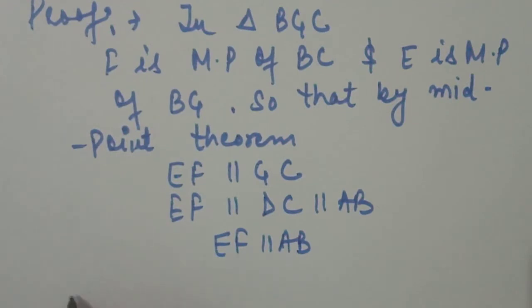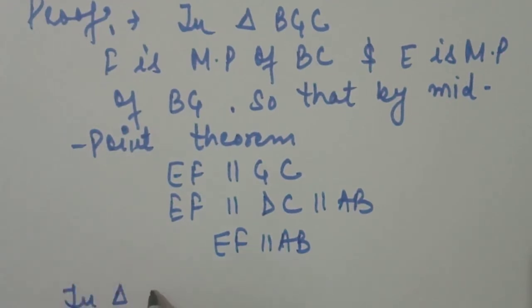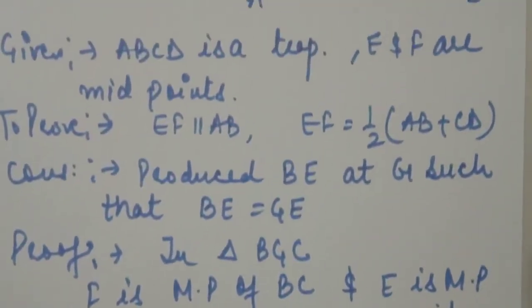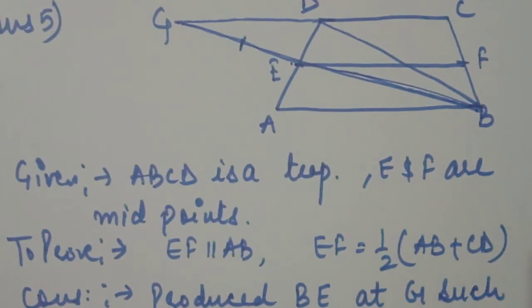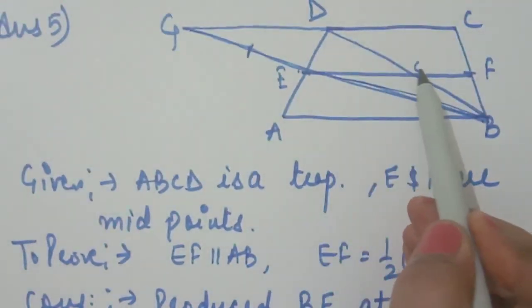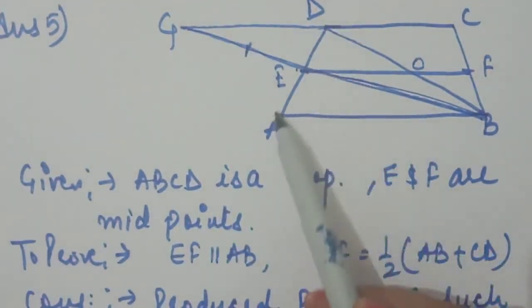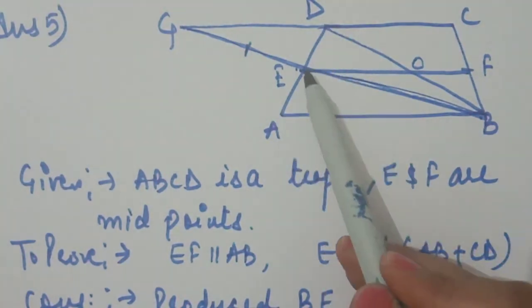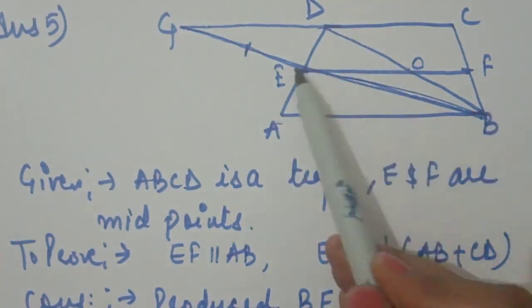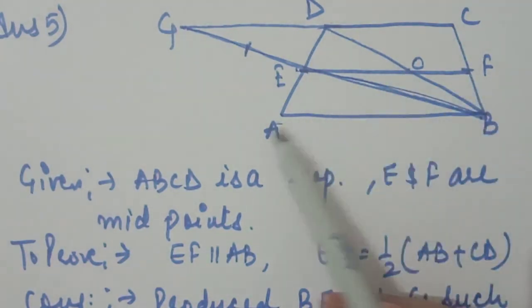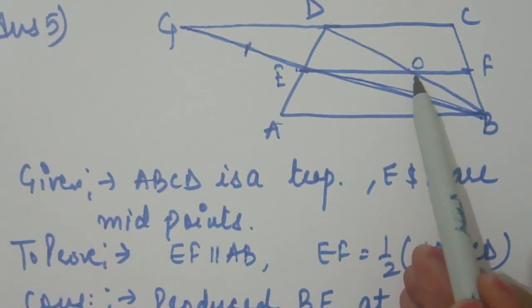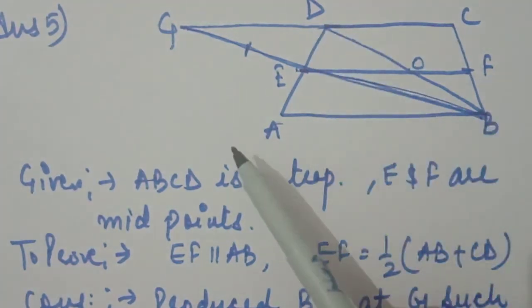Now the second part, in triangle ADB. Students, let me show you from your diagram. First of all, we have to mark this point as O, and in triangle ADB, E is the midpoint of AD, already given. Now EO is parallel to AB, because if EF is parallel to AB, then EO is definitely parallel to AB. So by the converse of midpoint theorem, O is the midpoint of DB.